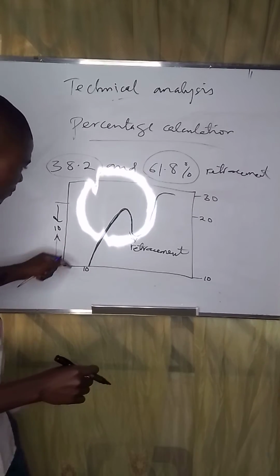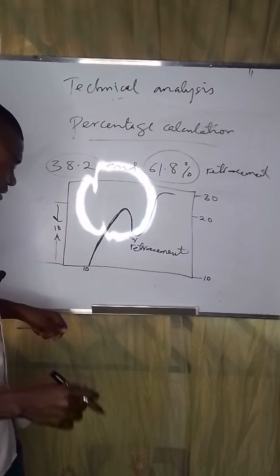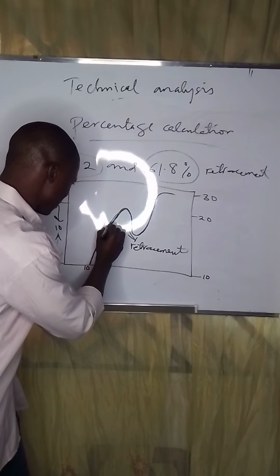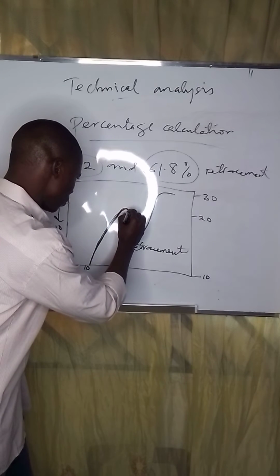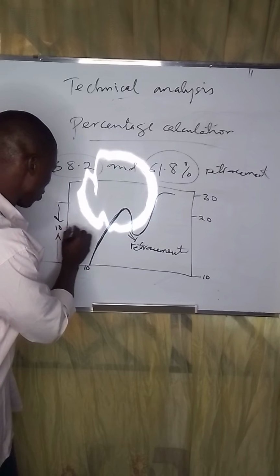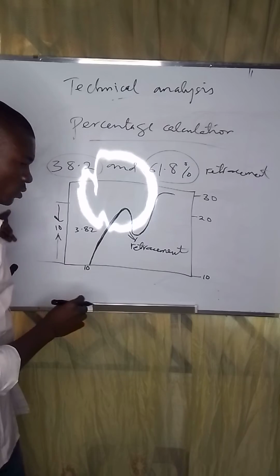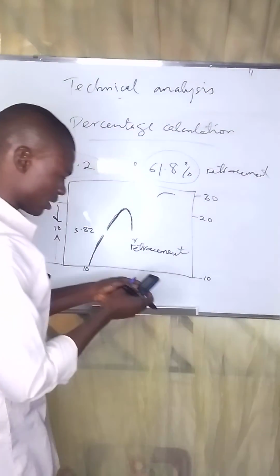That means for us to have a 38.2% retracement, we will have a price drop, because of these 10 units apart, of $3.82. Let me calculate.